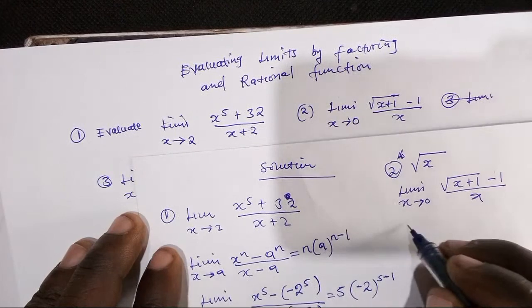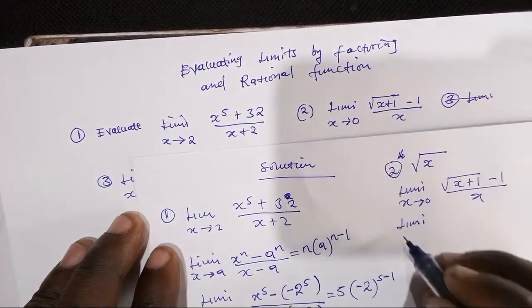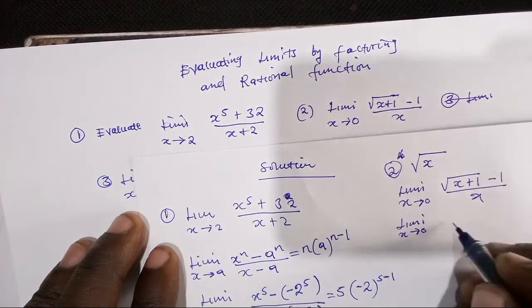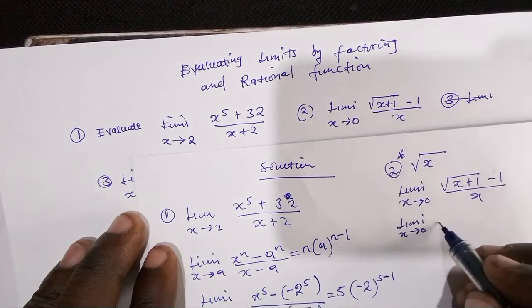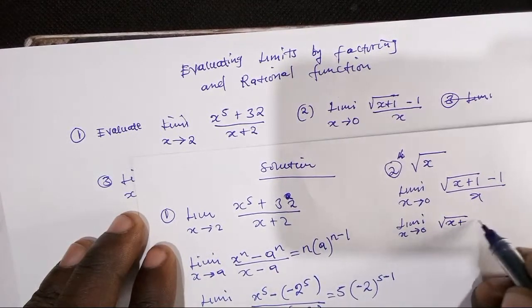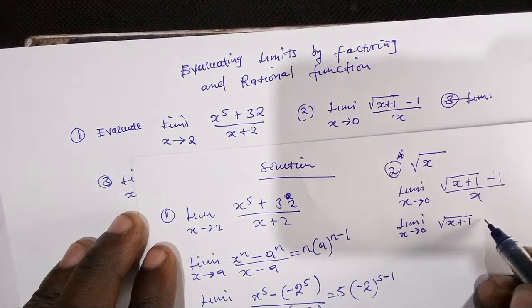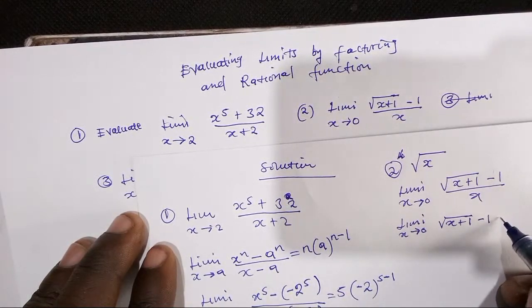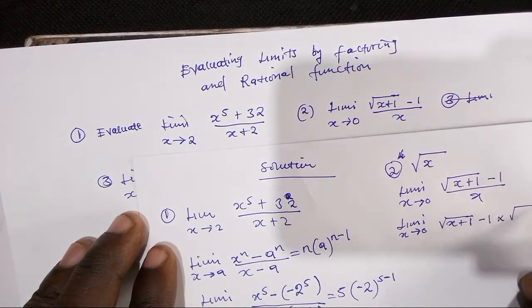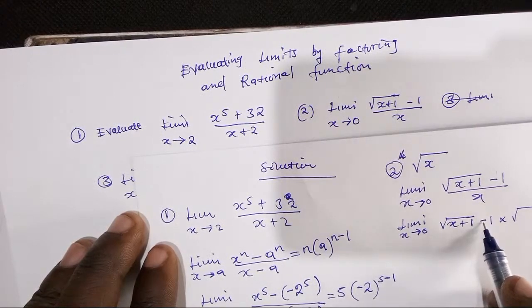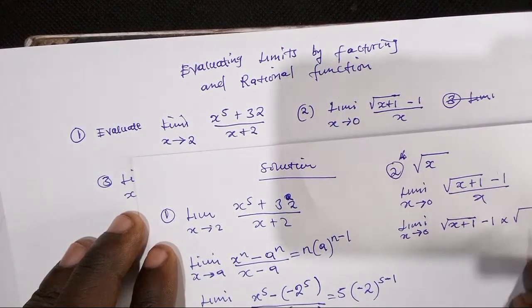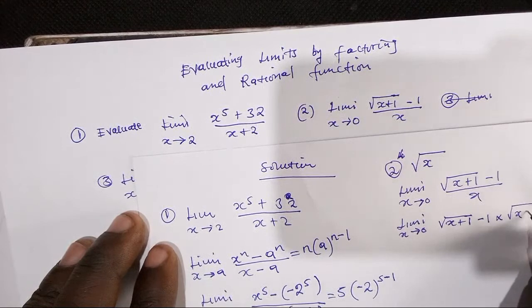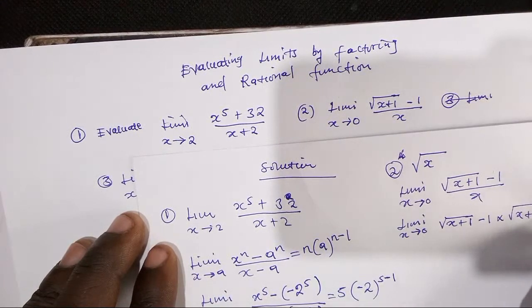So we are going to do the limit as x approaches 0 of (root x plus 1, minus 1) multiplied by its conjugate. Where this is minus, it will be positive. The conjugate of this one will be root (x plus 1), plus 1.